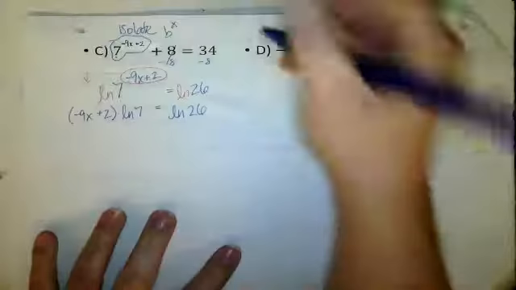What is natural log of 7? Remember, natural log really is log base e, right? So this is log base e of 7. So e to what power gives you 7?